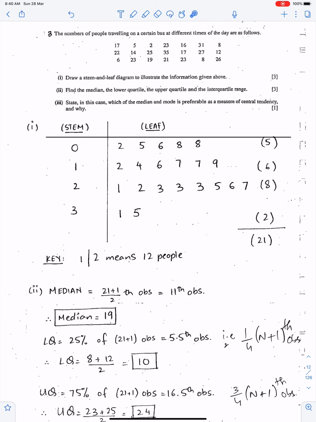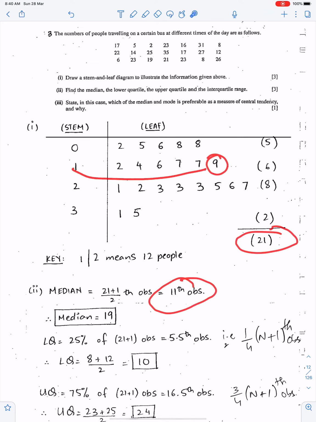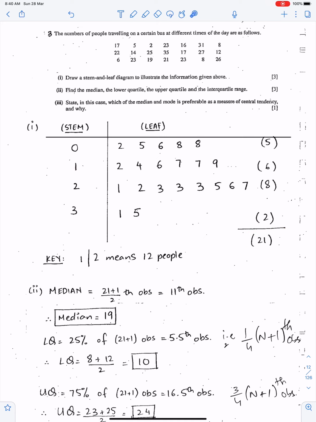For median, use this formula, (n plus 1) upon 2th observation. So n is 21, so you'll get the 11th observation, and the 11th observation is this, so 19. Lower quartile, this is the formula, 1 upon 4 (n plus 1)th observation. You'll get 5.5. 5.5 means average of 5th and 6th.